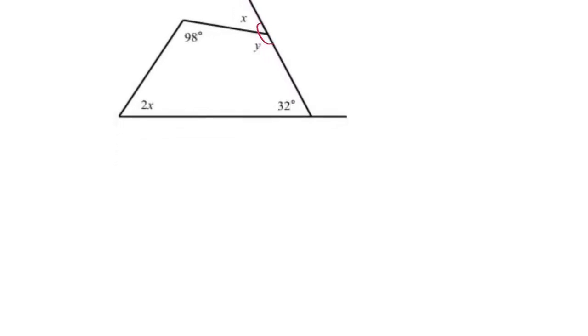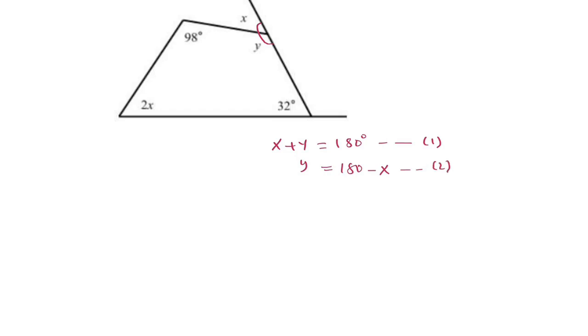So we can write this as x plus y equals 180 degrees. We call this equation number 1. From this equation, let us make y the subject. Then y equals 180 minus x. We call this equation number 2.